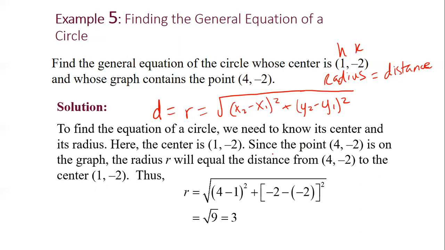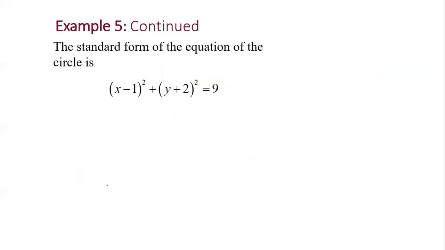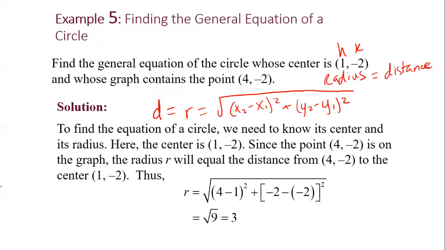Okay, and some teachers' notes, they may write it as radius equals the square root of your, what is it? How have I seen it? Is it x1 minus h?